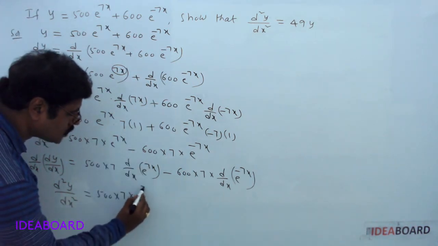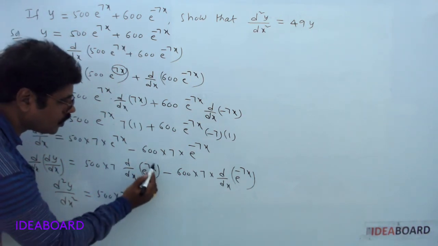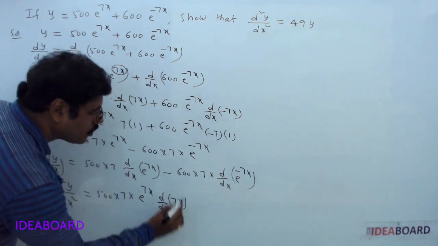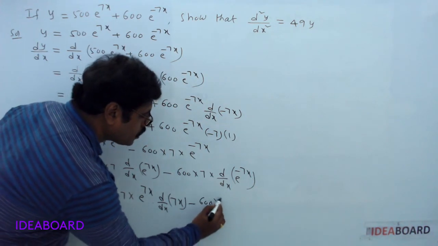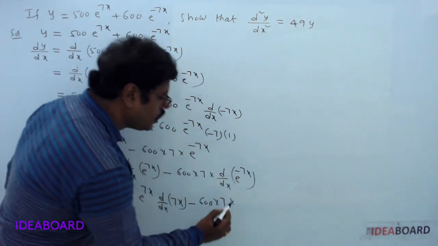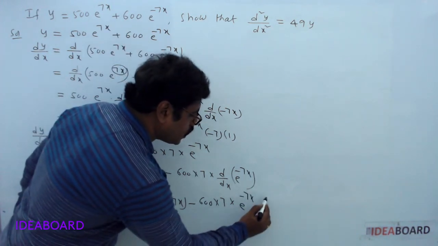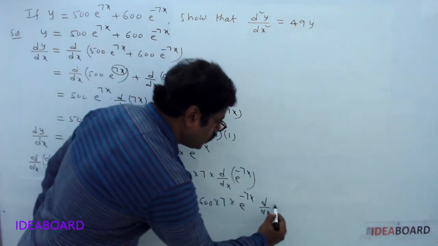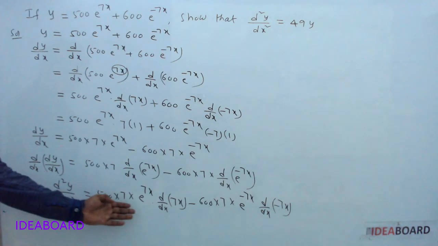Derivative of e^(7x) is e^(7x) into derivative of 7x, minus 600 into 7 into derivative of e^(−7x), that is e^(−7x) into derivative of this power, that is −7x. Now simplify these values.